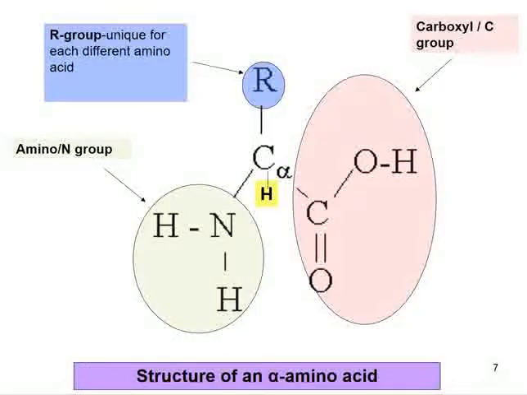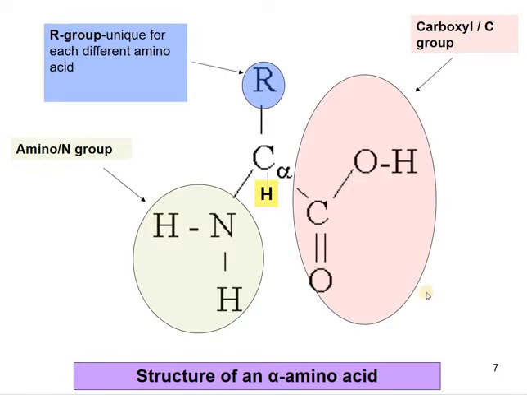Okay, so now that we've spoken about the introduction, let's talk about the structure of an amino acid. Why do we say structure of an amino acid and not structure of a protein? Obviously, like I already mentioned, amino acids are the building blocks of protein. So before we talk about the holistic protein structure, we have to talk about the simple amino acid structure.